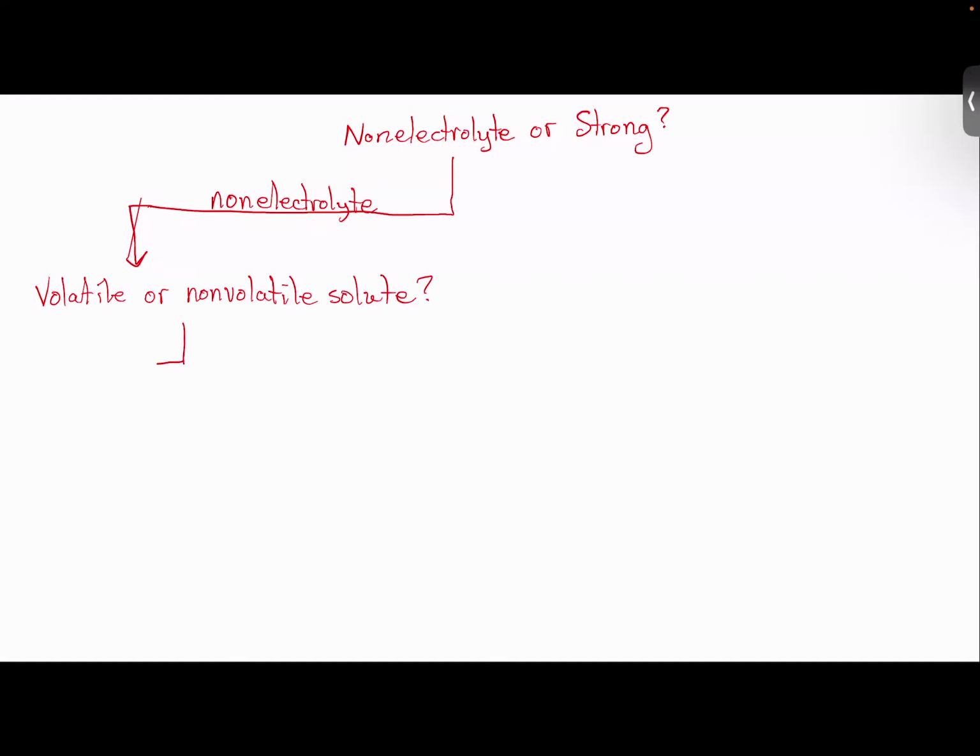If it's volatile, then for the pressure, it's going to be P of the solution is equal to mole fraction of the solvent times the P of the solvent plus mole fraction of the solute times P of the solute.